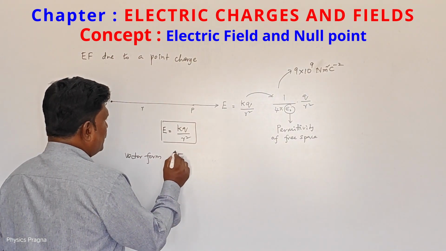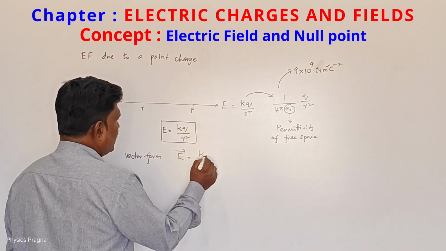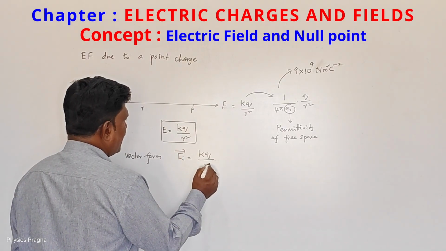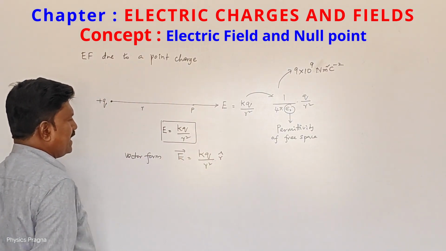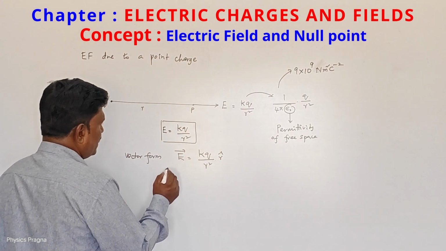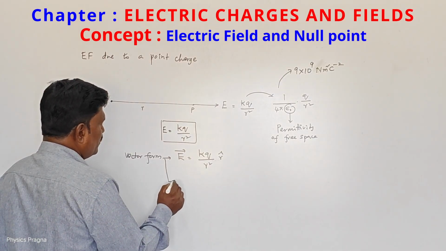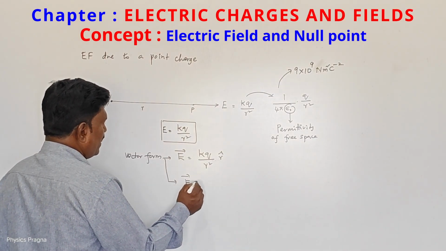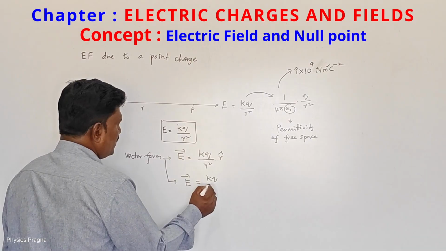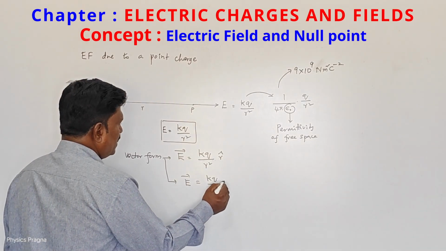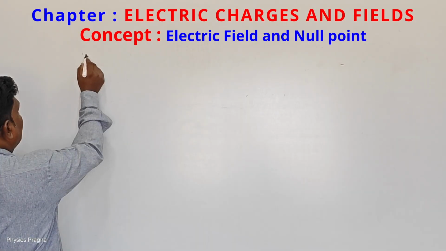E bar is equal to kq by r square into r cap. This is one formula. And one more vector form is E bar equal to kq by r cube r bar.